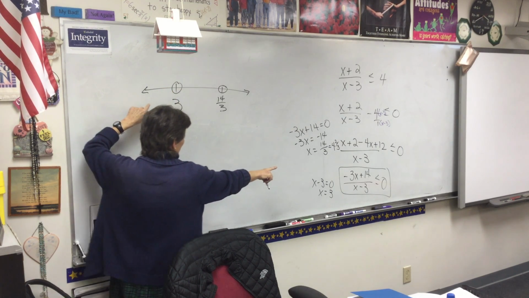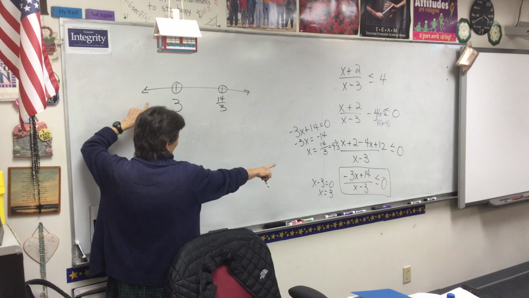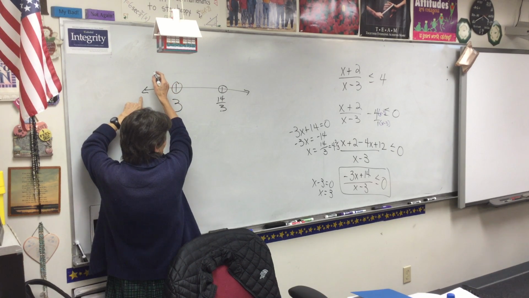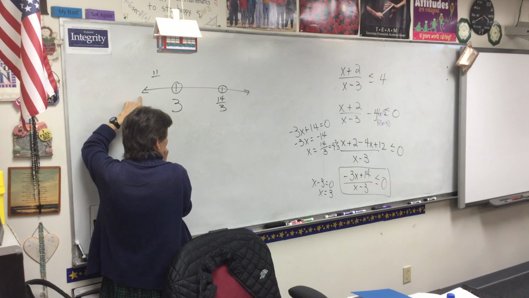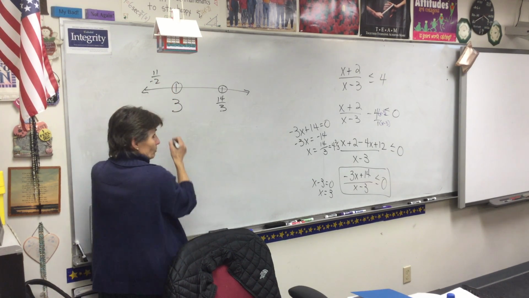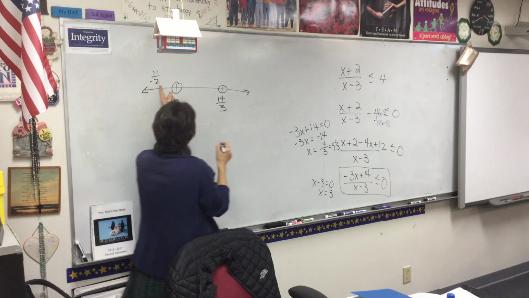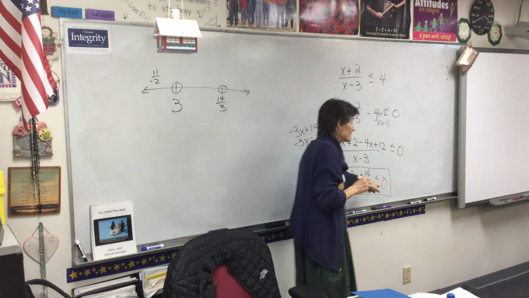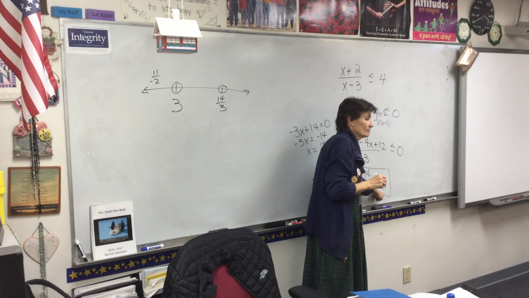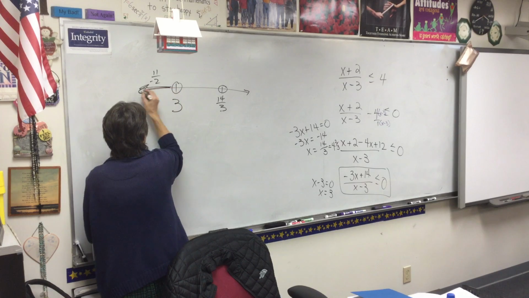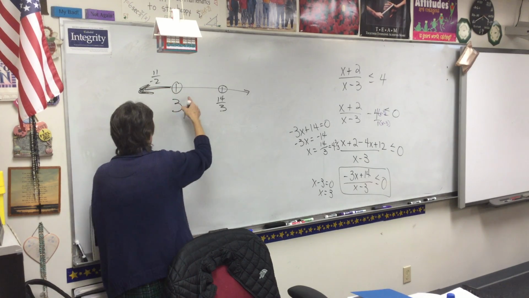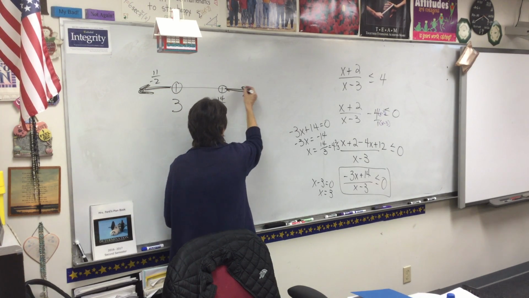What do I get if I put in 1? On top, I would get 11. And on the bottom, I would get negative 2. Is negative 11 halves less than 0? Yes. So I'm going to shade that in. I'm not going to shade that one, but I am going to shade that one.